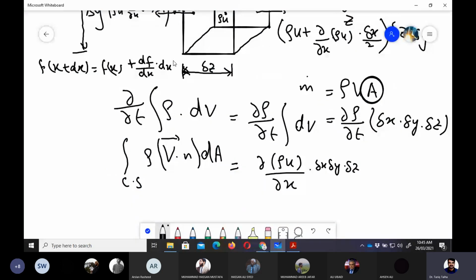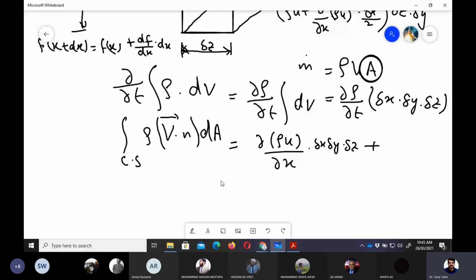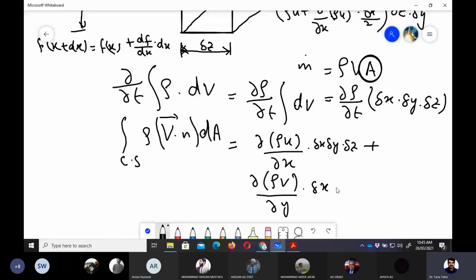So if we derive it again on the same pattern as we followed for the x direction, the net mass flow out in the x direction. Similarly, for the y direction, it would be partial rho v by partial y into del x, del y, and del z.